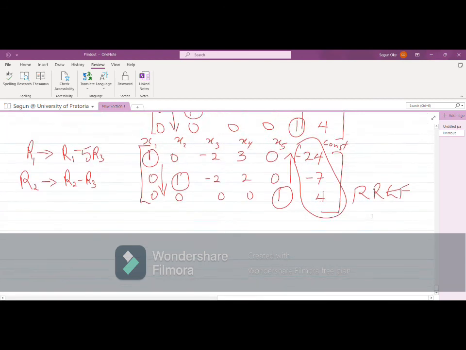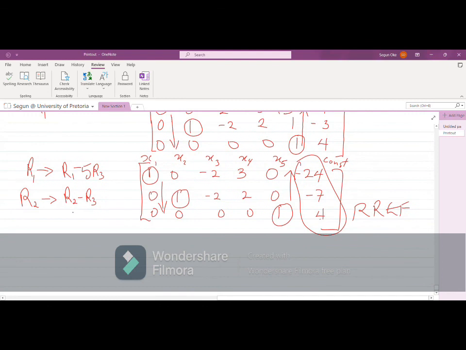Because now, from here, 1 times x1 is x1 plus free variable 0 minus 2x3, plus 3x4 plus 0, which is free variable, equals minus 24.